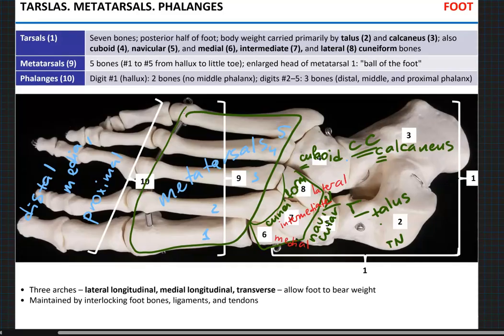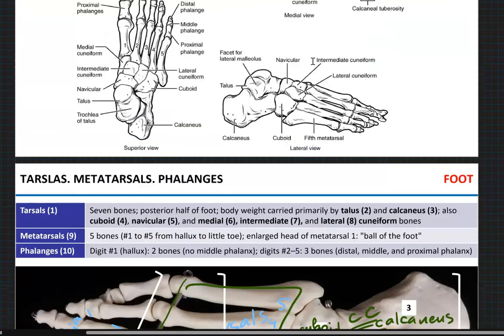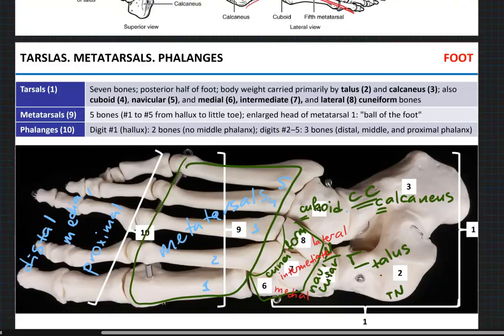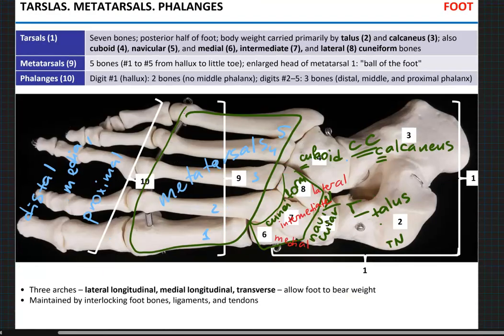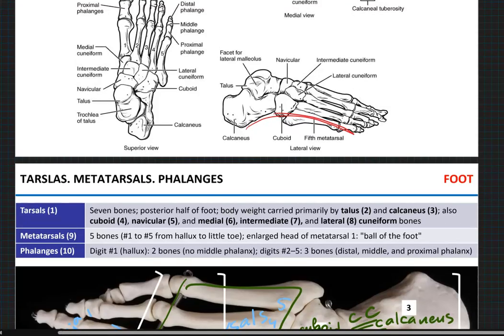So now, if you look at a foot here, the foot has 2 arches. One is clearly seen, okay? It's a lateral longitudinal arch.